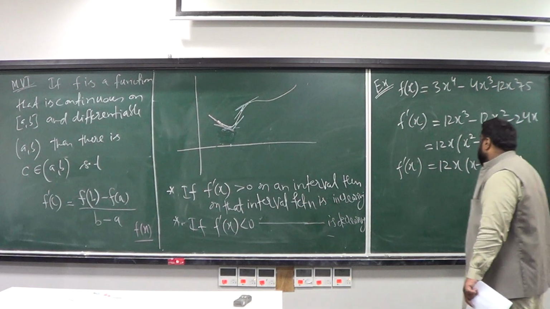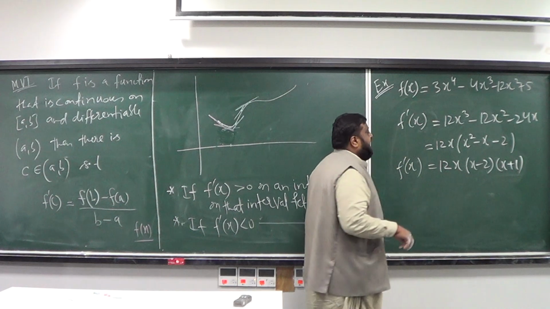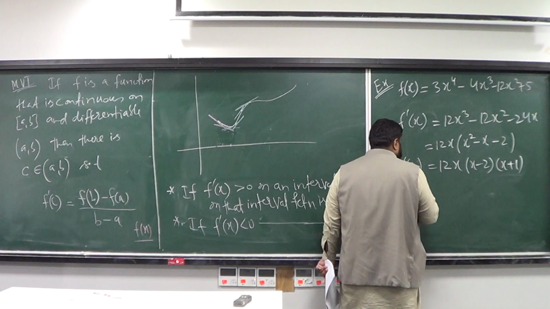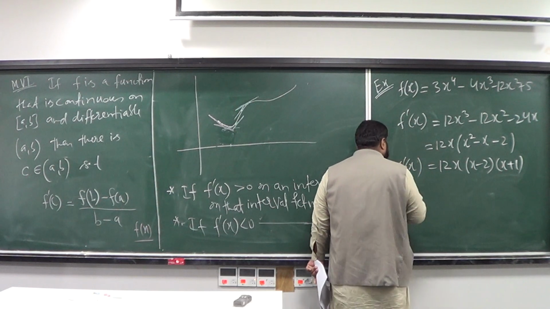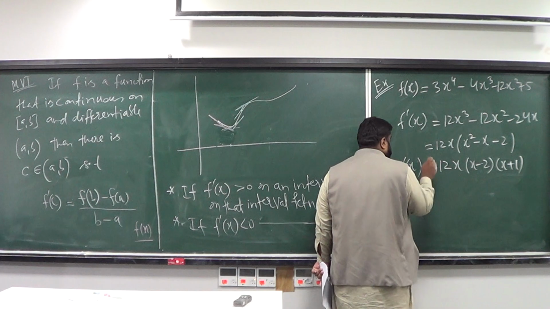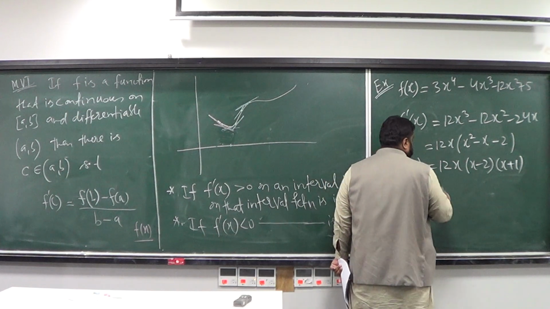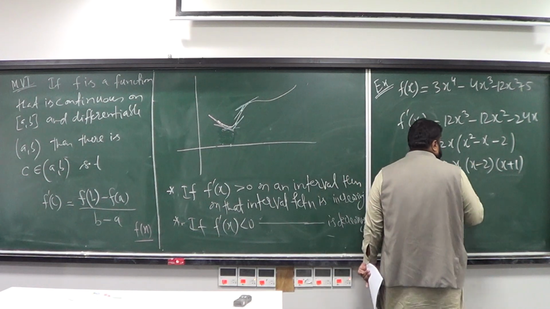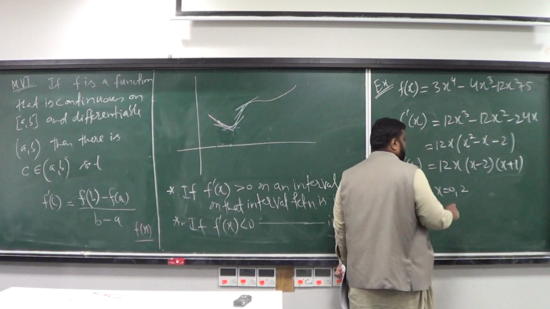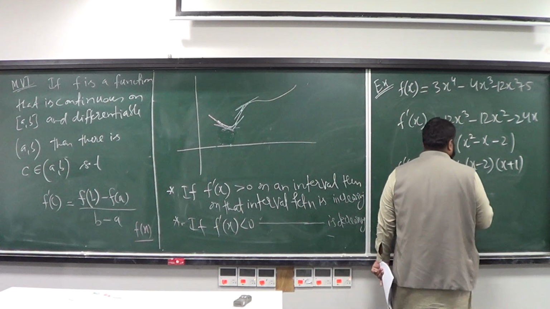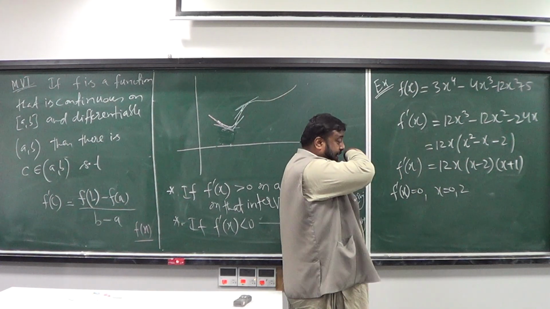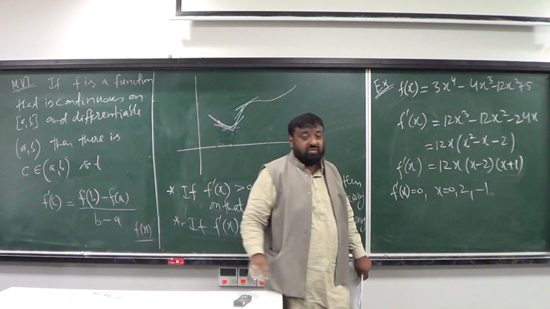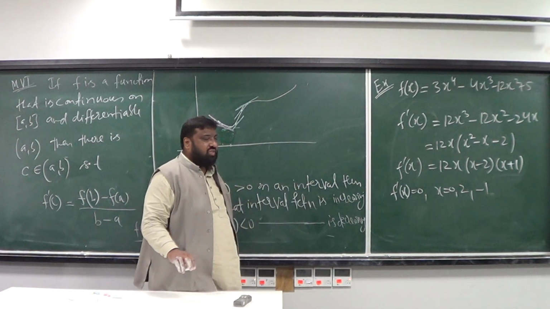Now, obviously, if f prime of x has this form, then the points where f prime of x is 0 are going to be what? If you substitute x equal to 0, f prime of x would be 0. If you substitute x equal to 2, f prime of x would be 0. And if you substitute x equal to -1, f prime of x would be 0.